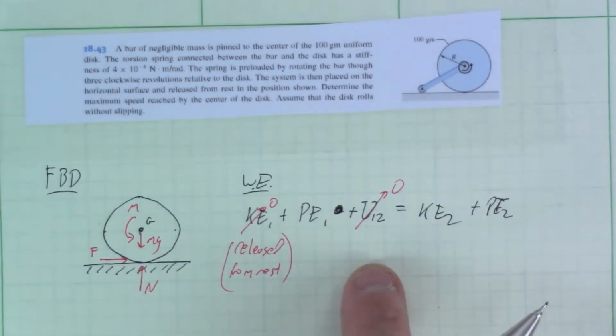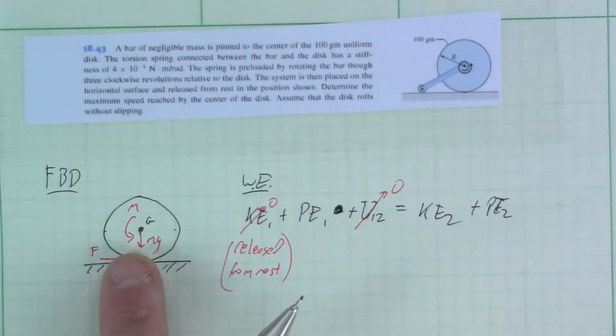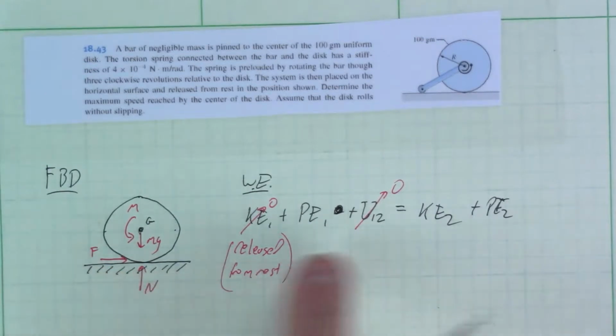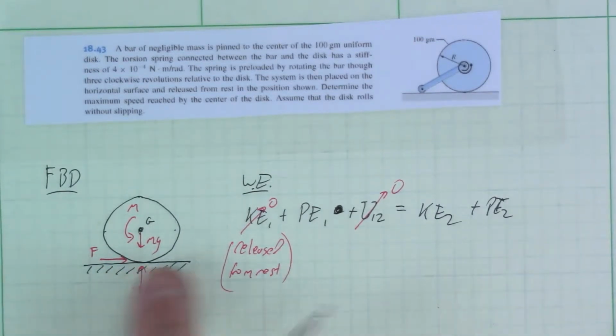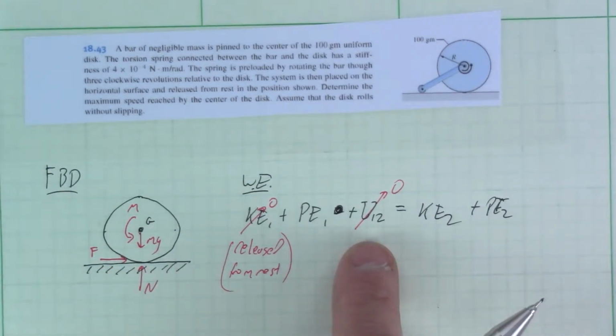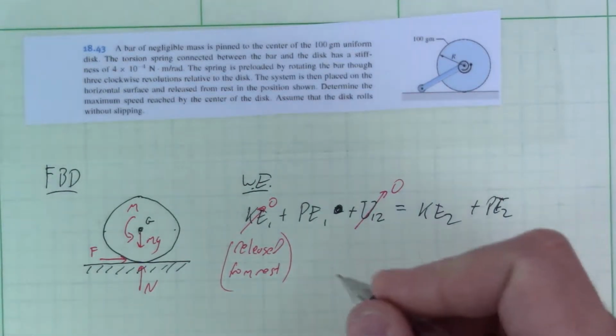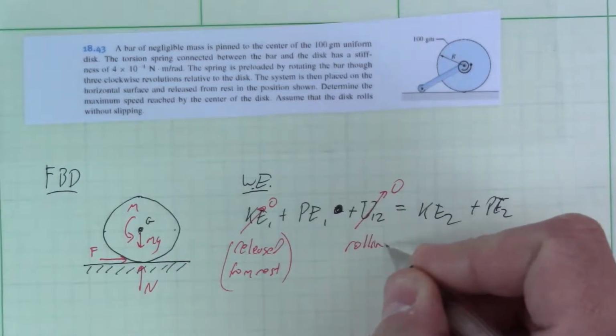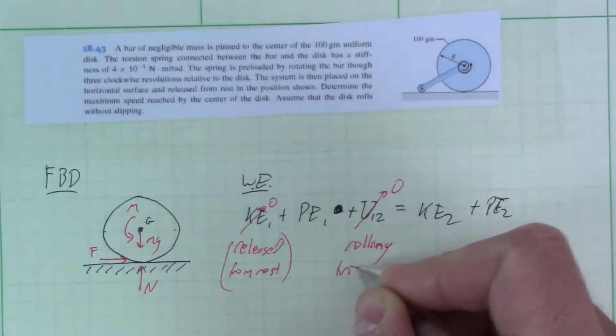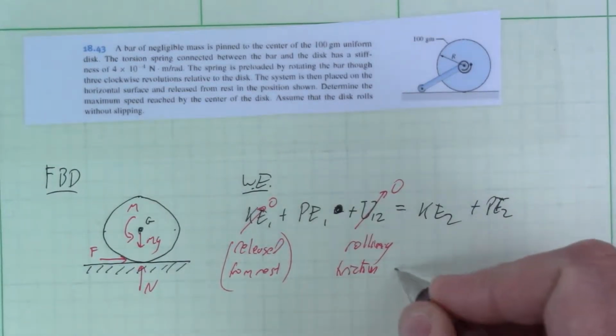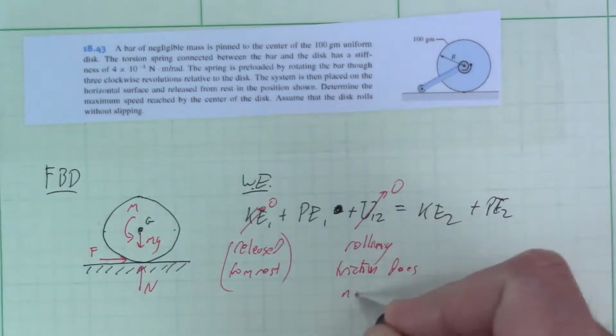Now for this term, you might say, well, there's a moment there, don't we have to put that? Nope, this is a torsion spring, so we'll include that in the potential energy. You might also say there's friction, isn't that non-conservative work? Nope, friction does no work. We talked about this last time. Rolling friction does no work.